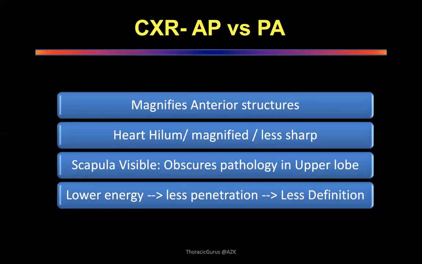But of course, you got to do AP when the patient is in the ICU. You cannot do it PA because the patient is on a bed. So AP is a compromised view. It's okay to get a feel of what's happening around the chest, but not good to pick up subtle pathologies or smaller changes. It's very good for looking at gross changes like pleural effusion and things like that.